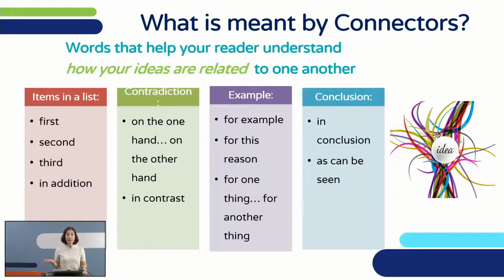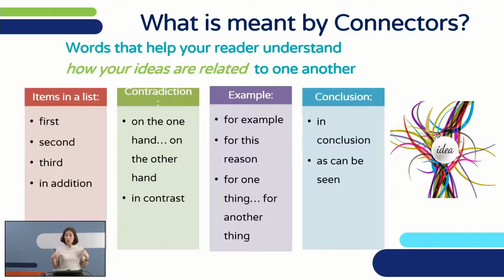So what are connecting words? Connecting words are words that help your reader understand how one idea is related to the next idea that comes after it. You can have connectors like items in a list, like first, second, third. Connecting words that show a contradiction, like on the one hand, on the other hand.